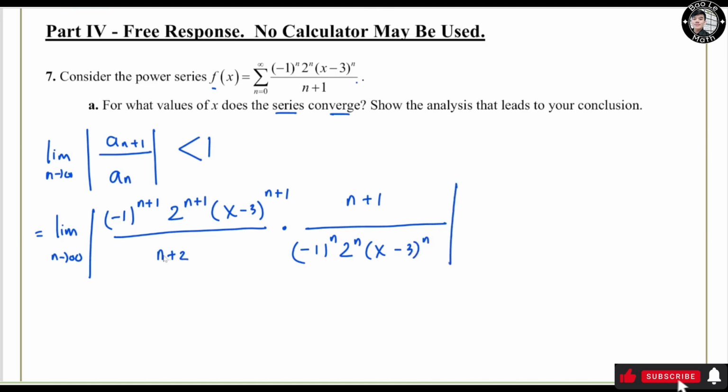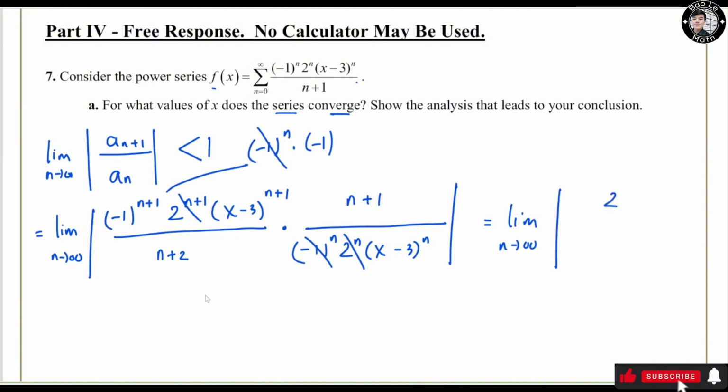Now we're going to simplify. Negative 1 raised to the n plus 1 can be written as negative 1 raised to the n times negative 1, right? So this guy cancels out. We have negative 1 left. When you take the absolute value, it's going to be positive, right? Now 2 raised to the n plus 1 and 2 raised to the n cancel out. So we have the limit when n approaches infinity, absolute value of, you have 2 left on the top, right?